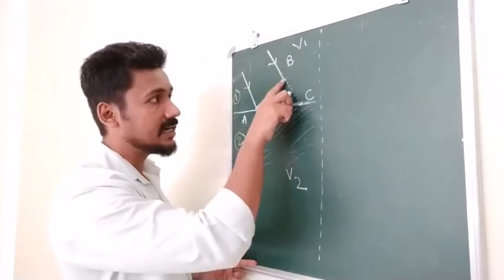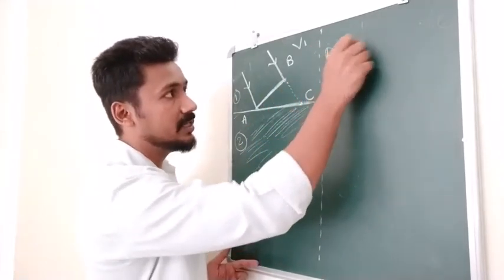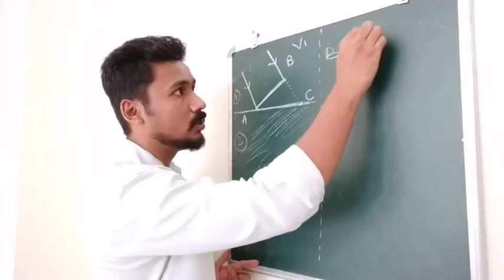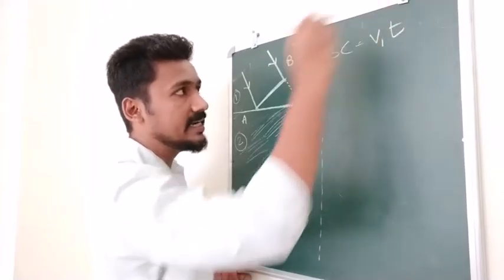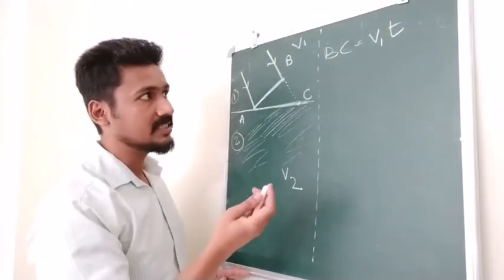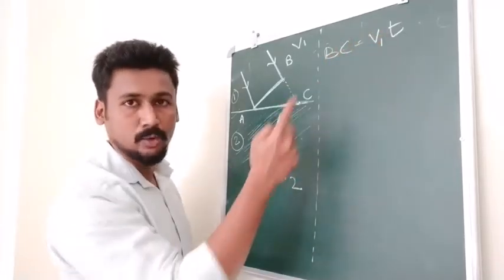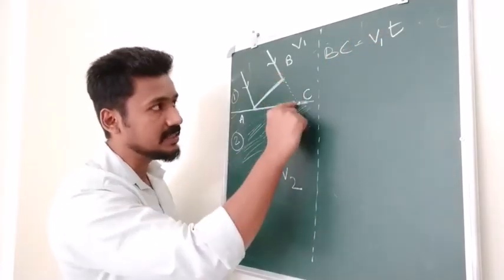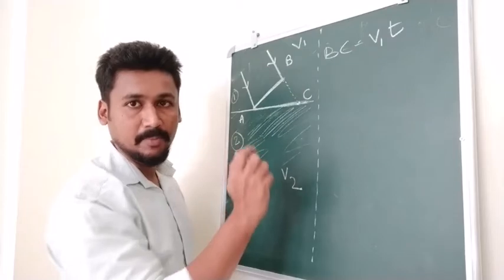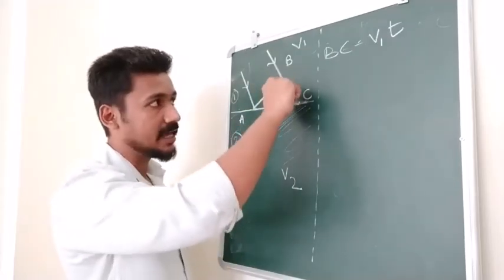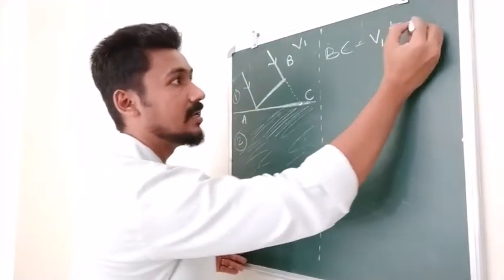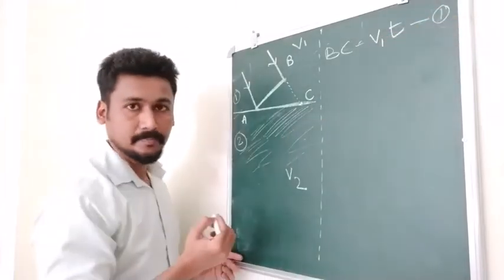Then we can say that BC will be equal to v1 multiplied by t, right? And how can we say that? We know distance is equal to speed into time. So this length BC will be equal to v1 multiplied by t, where t is the time taken to reach from B to C. Let us call this our first equation.